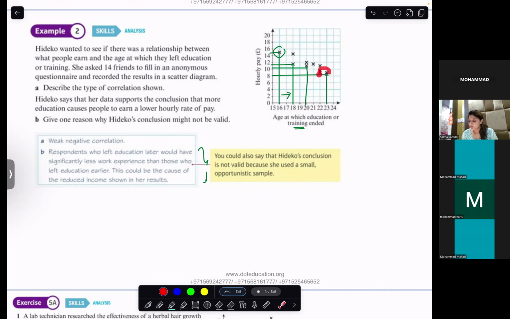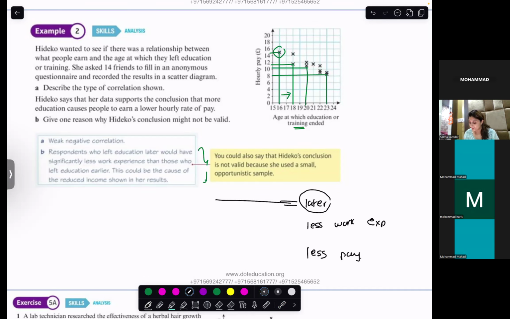So those who left later have less work experience, so less pay. Yes. But can this be good for a big amount of data? Would those who leave education later be more educated?